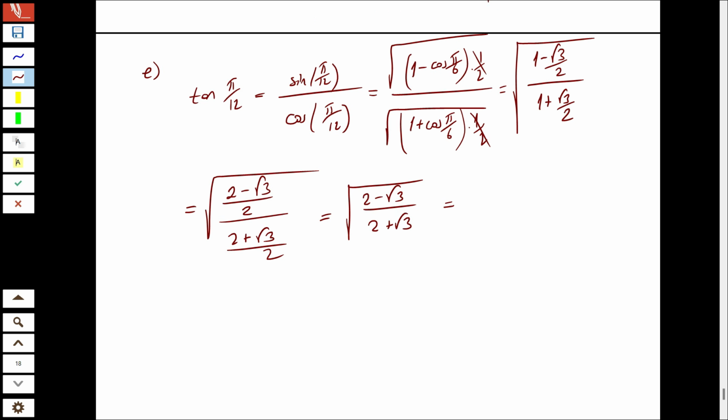And if we multiply the fraction by 2 minus square root of 3, we will see that we will get 2 minus square root of 3, because we can cancel the square root with the square, and the denominator will be 1 because we get 4 minus 3. Okay, and this is 2 minus square root of 3. We get it.